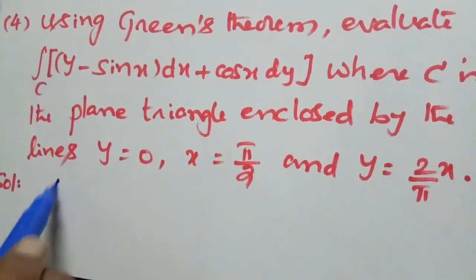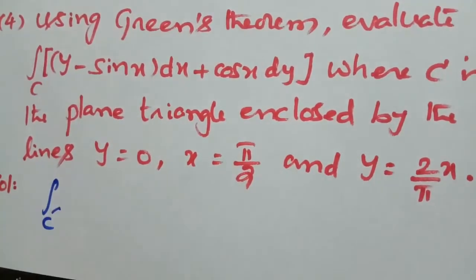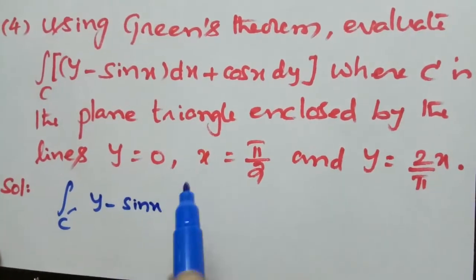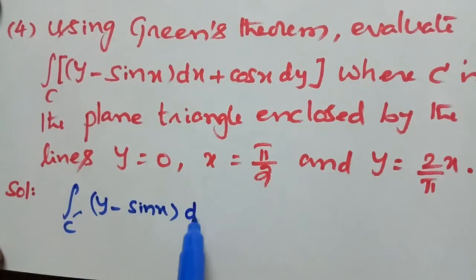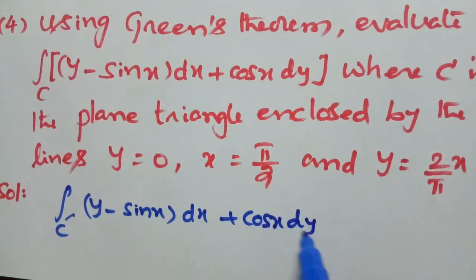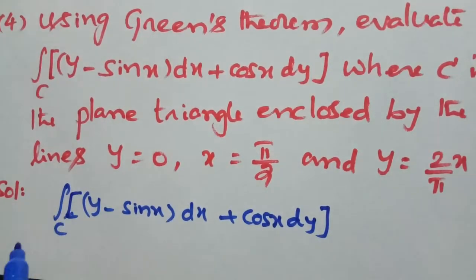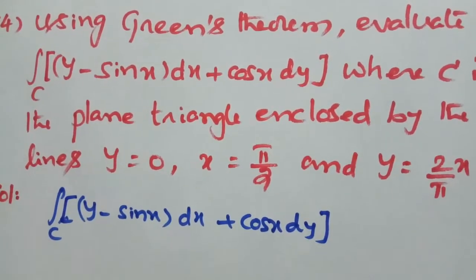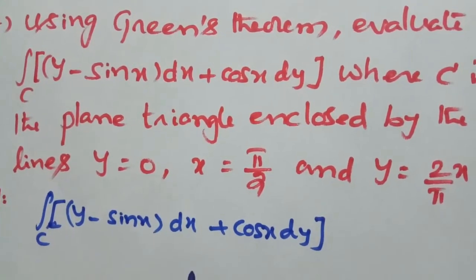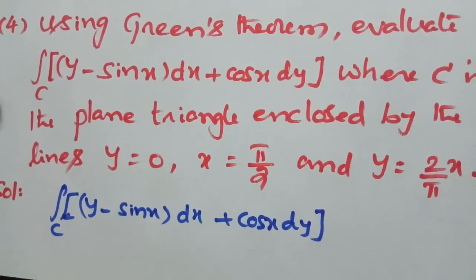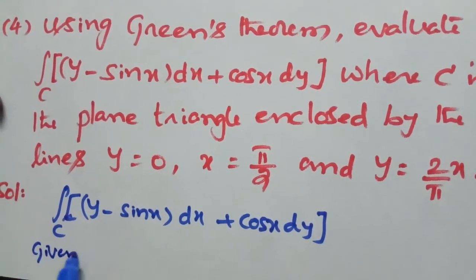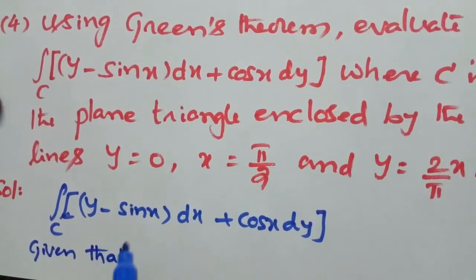We have to evaluate the line integration, integral over C (y minus sin x) dx plus cos x dy over the curve C, where C is the plane triangle enclosed by the lines y equal to 0, x equal to pi by 2 and y equal to 2 pi by x.